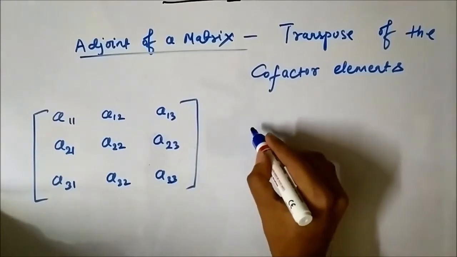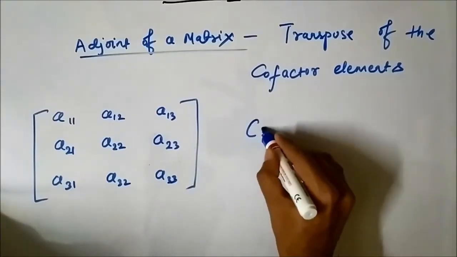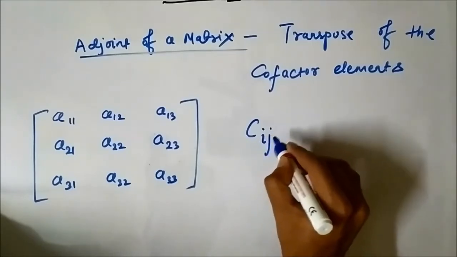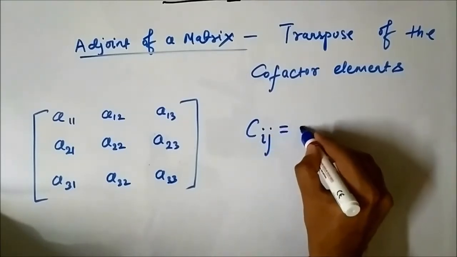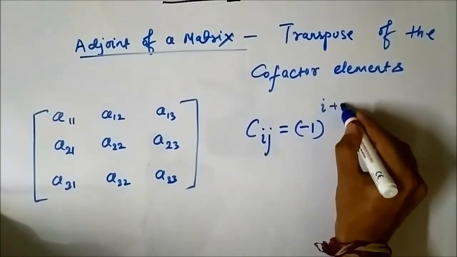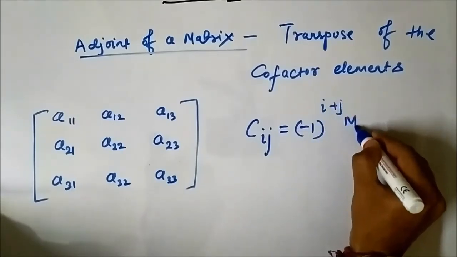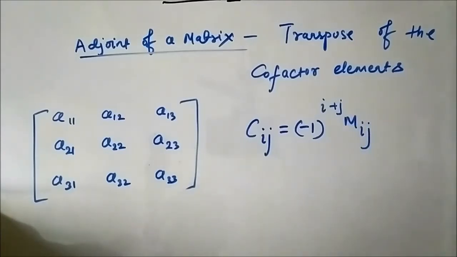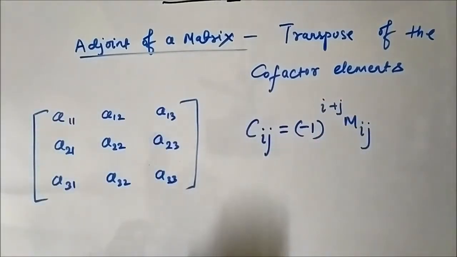And then the cofactor of a particular element present at the intersection of the ith row and the jth column is equal to minus 1 to the power i plus j into the minor of that element. I have already discussed these things in detail in that video.